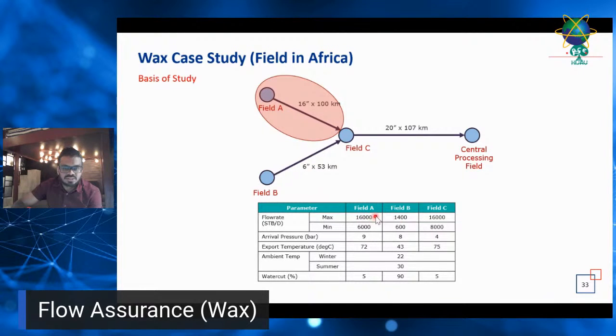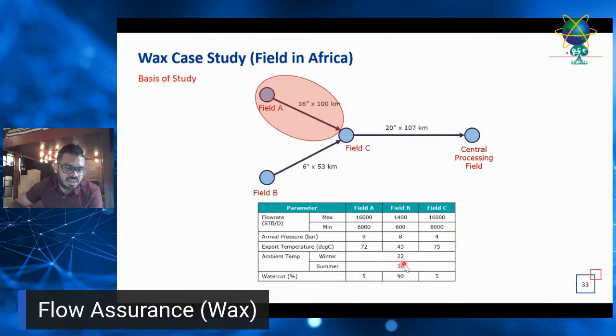You can see the flow rate is about 16,000 barrels of liquid, and the arrival pressure is about 9 bar. Export temperature is 72, but your WAT is about 56.5 degrees C. It's quite high.